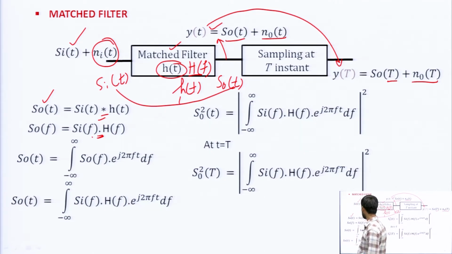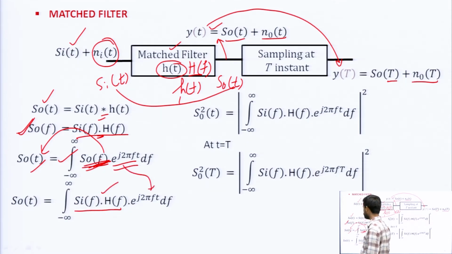S naught of t equals the integral of S naught of f multiplied by e to the power j 2 pi f t, that is the inverse Fourier transform. So from the frequency domain I get the time domain signal. Putting Si of f multiplied by H of f in this place, I get Si of f multiplied by H of f into e to the power j 2 pi f t df.